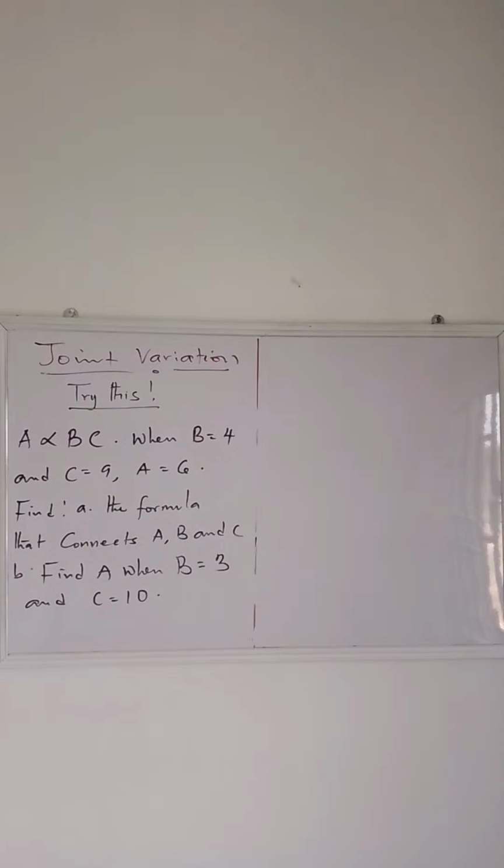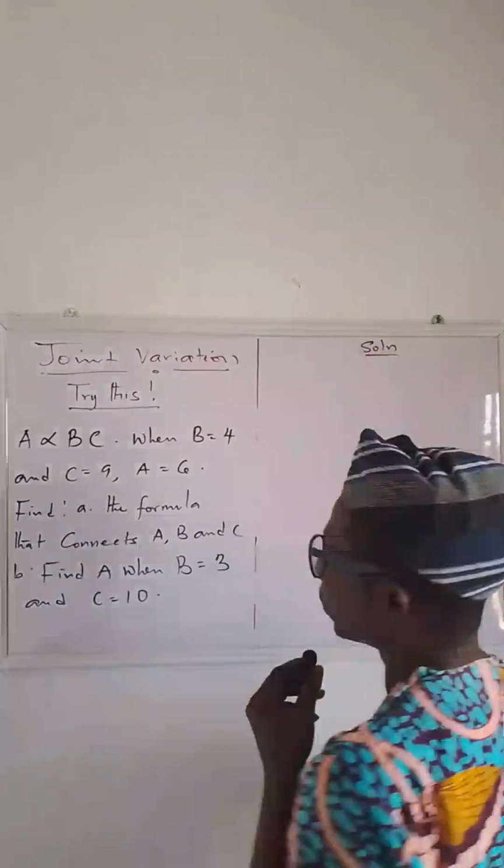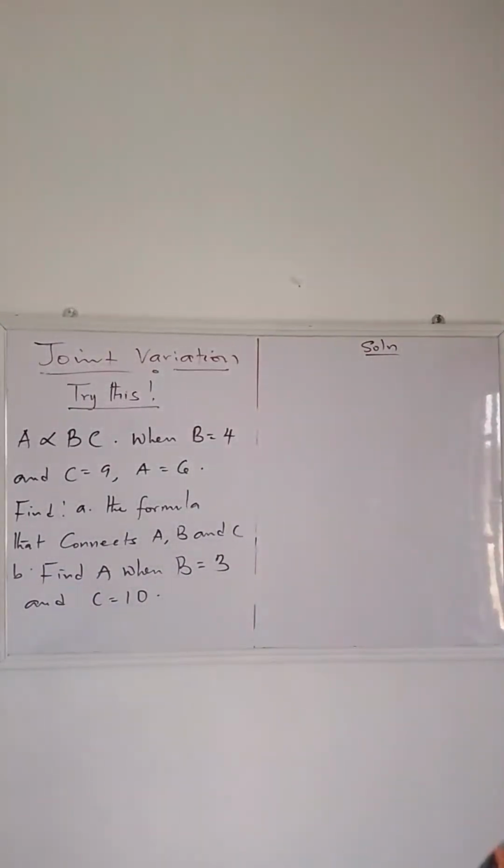You need to get the connecting formula first, then the value of capital letter A. You have less than a minute to answer this question. Let's see who has dropped an answer.